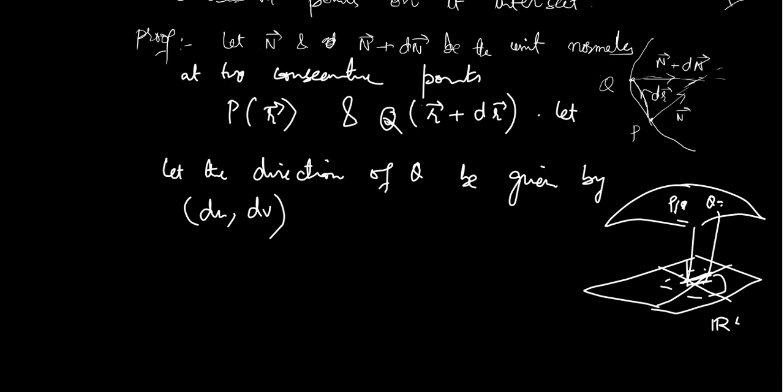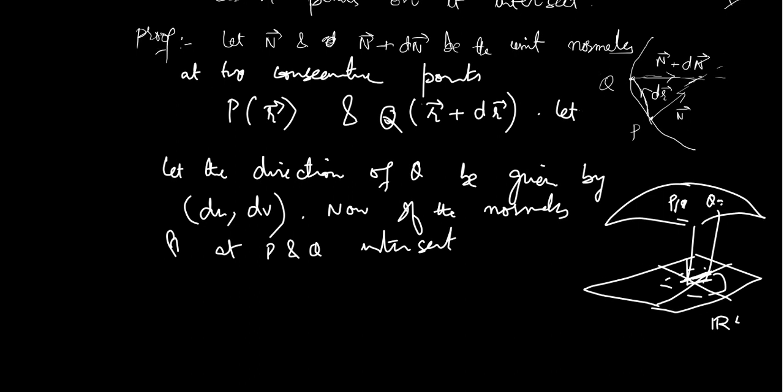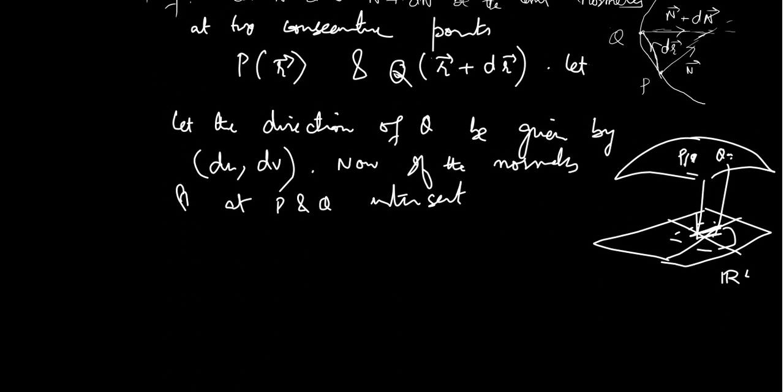Now first we do the necessary part. Now if the normals at P and Q intersect, I'm giving one look at this picture. If these two lines intersect, then the vectors n plus dn, the dr vector and the n vector will lie in the same plane.